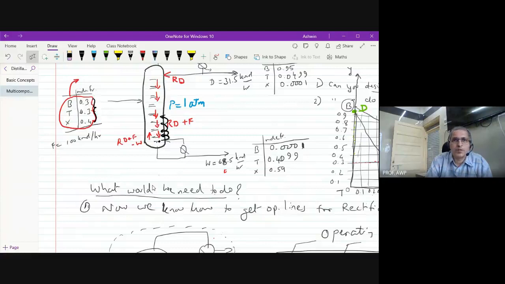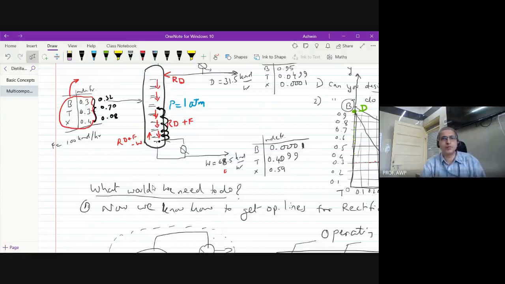Maybe the composition that you have reached somewhere here is 0.32, 0.7, and maybe 0.08, something like that. You don't reach these calculations.